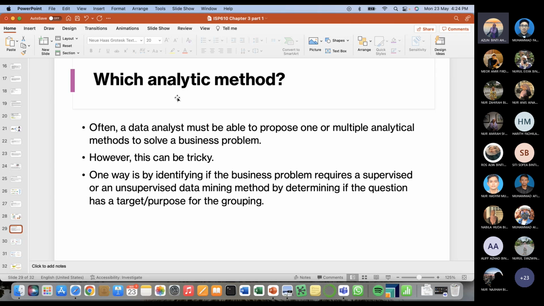So nak identify process, the beginning part, okay, the first few steps of CRISP-DM tu, business understanding, data understanding tu, the most crucial phases dekat dalam development bila melibatkan analytics. Because kalau salah dekat depan, dia akan carry sampai belakang.